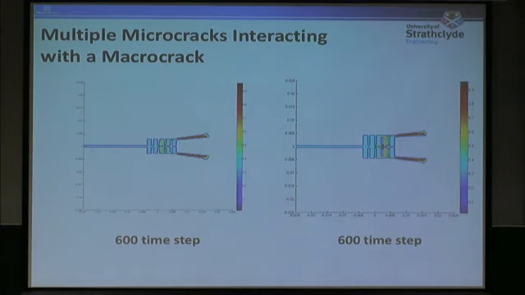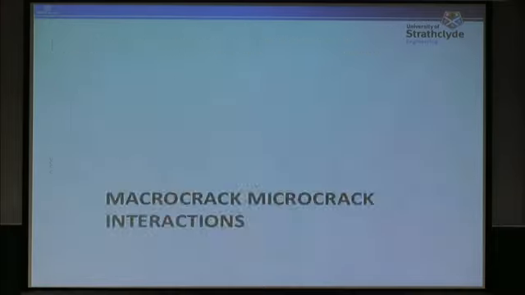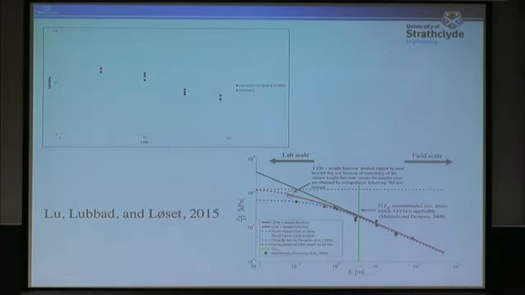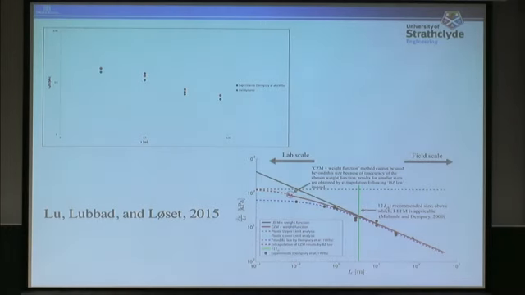Can you go back to the size effect test that you showed? We compare this one. The one on top, I suppose, is the simulation, and the one below is from the experiment. That's correct. Do you calculate the slope that you have at the end?